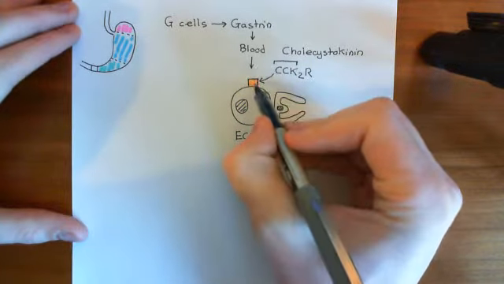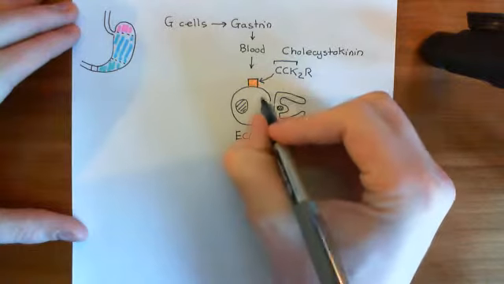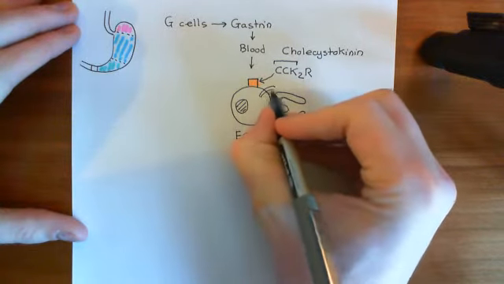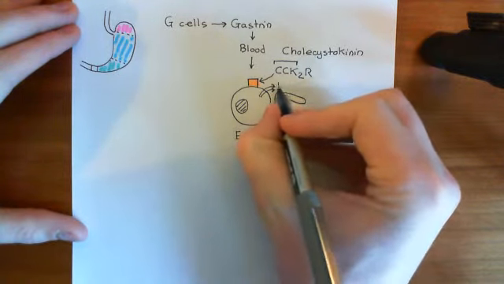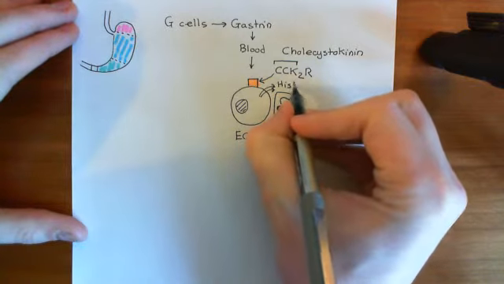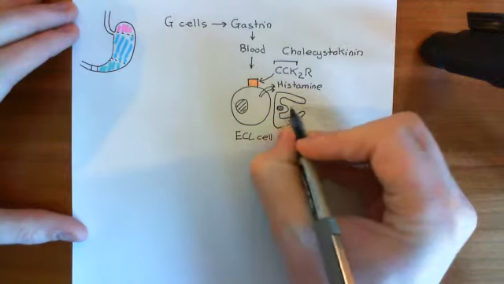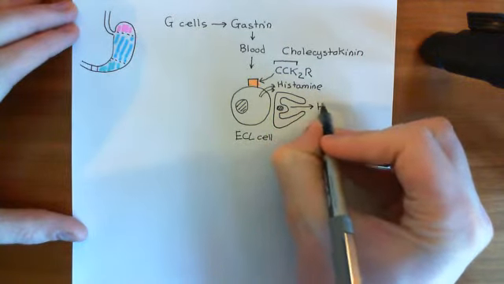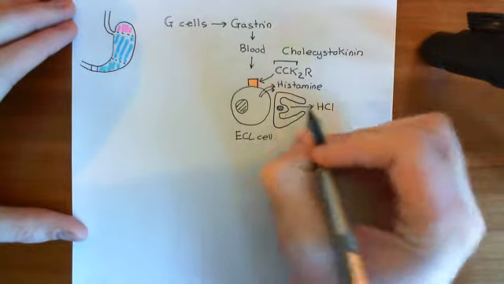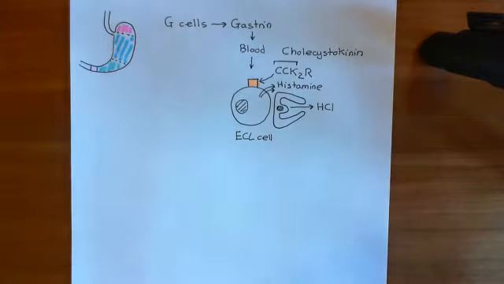Well, it's the binding of gastrin onto the cholecystokinin type 2 receptor. So now they're going to secrete much more histamine. So you'll get a sudden surge of histamine released by these enterochromaffin-like cells, and that will trigger more hydrochloric acid secretion by the parietal cell here. Okay, so that's the mechanism by which we increase our hydrochloric acid secretion in response to eating a large meal.